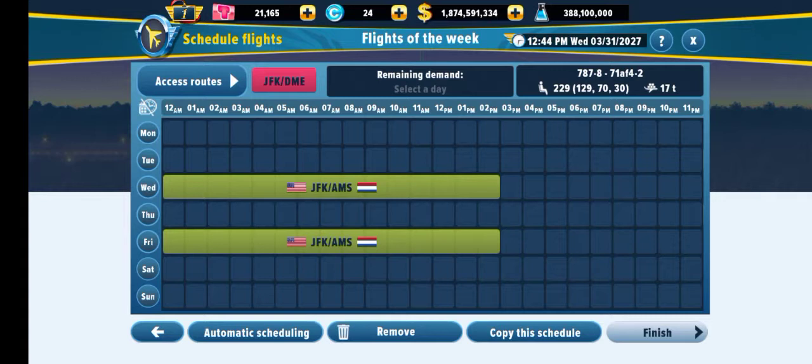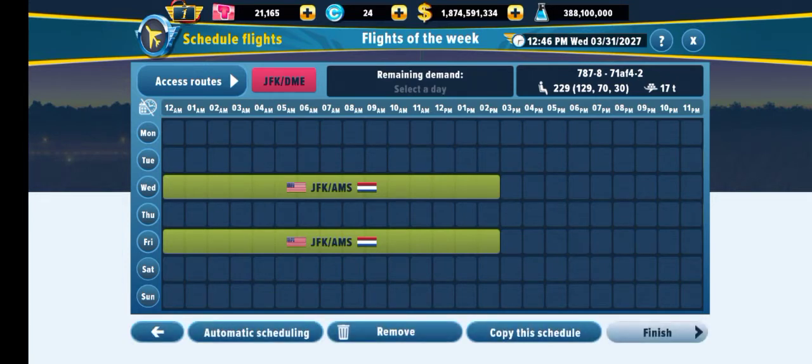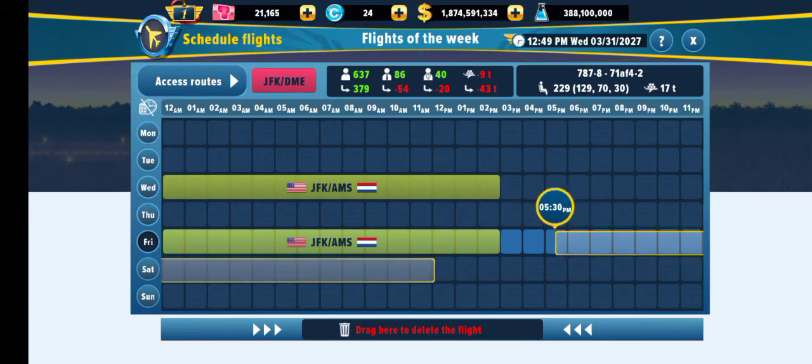Even if your usage is at 100% or even 90, it doesn't really matter. You can have your aircraft at about 50% usage, but you can ensure that you can fill up your aircraft, and that is quite important.